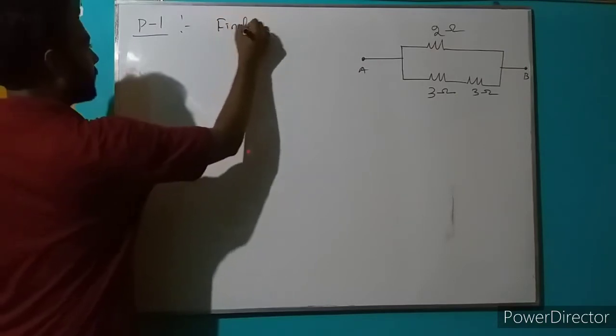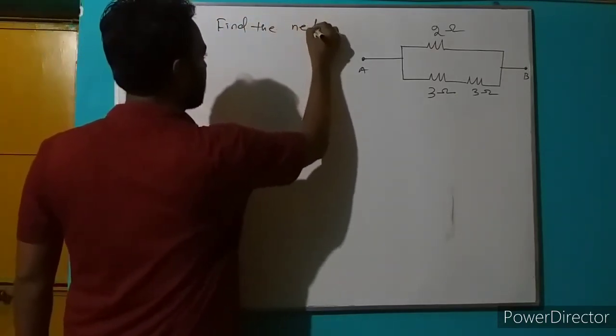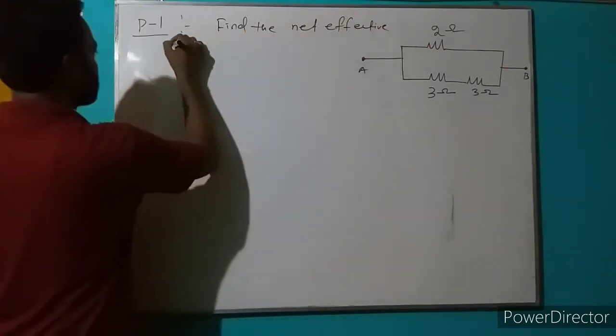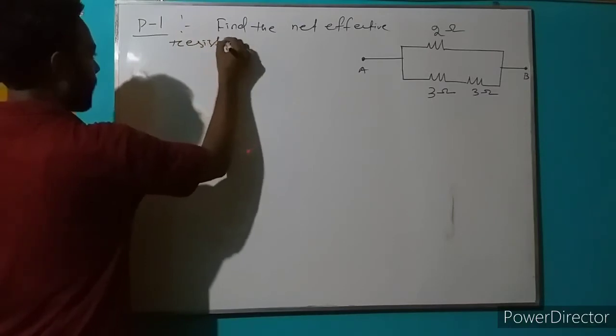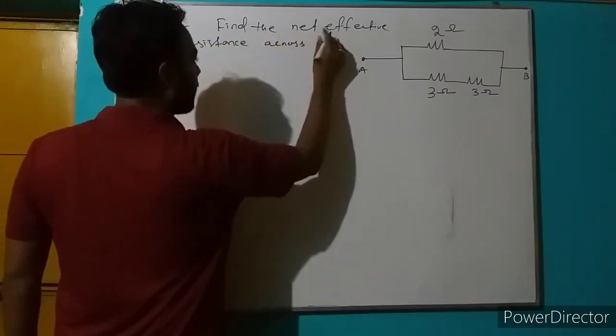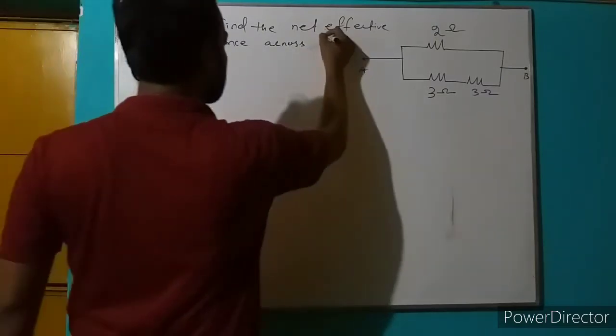Find the net effective resistance across AB.